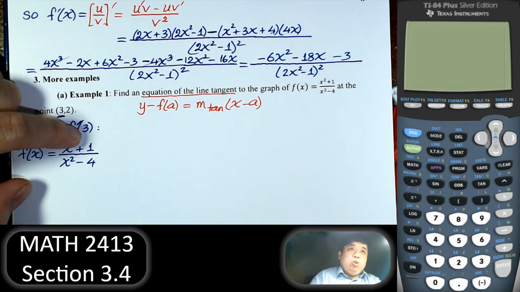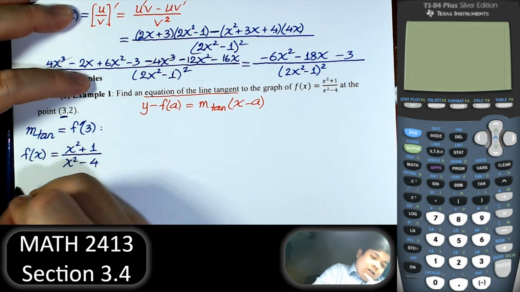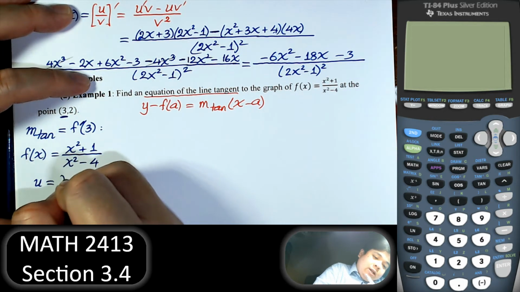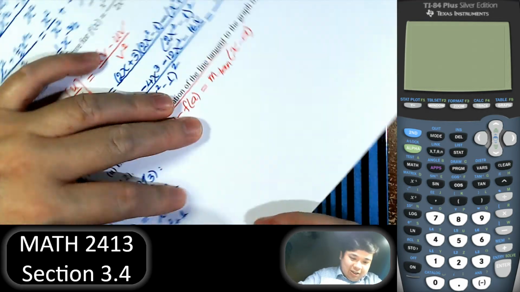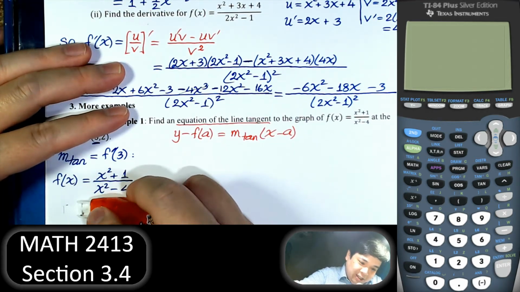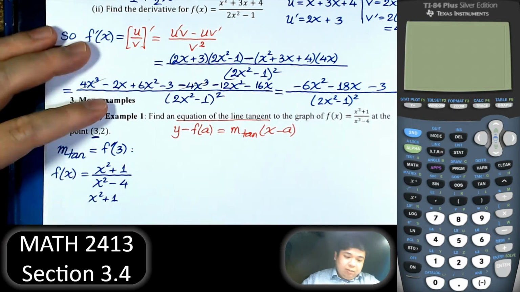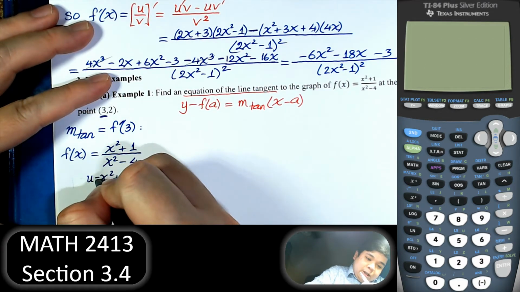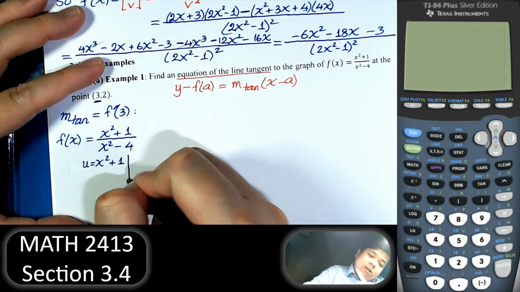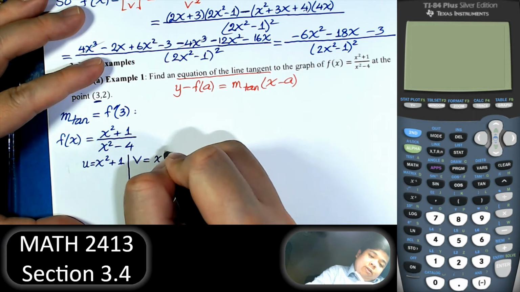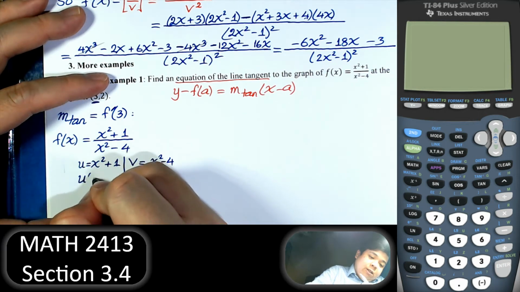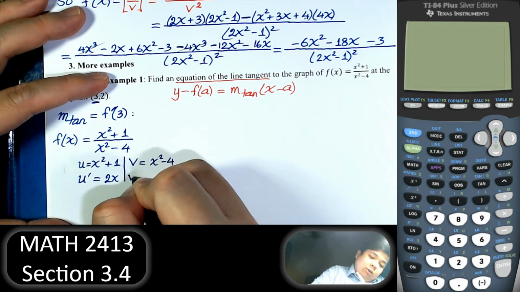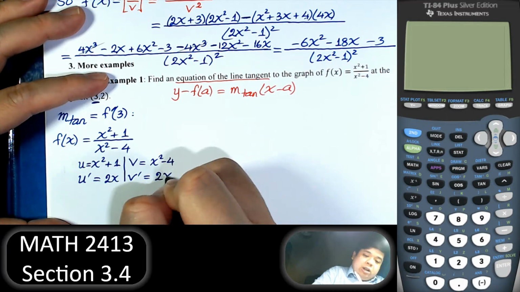Then we substitute 3 in for x. Right, U is the top, x squared plus 1. V, the bottom, x squared minus 4. Derivative, 2x. Derivative, also 2x.